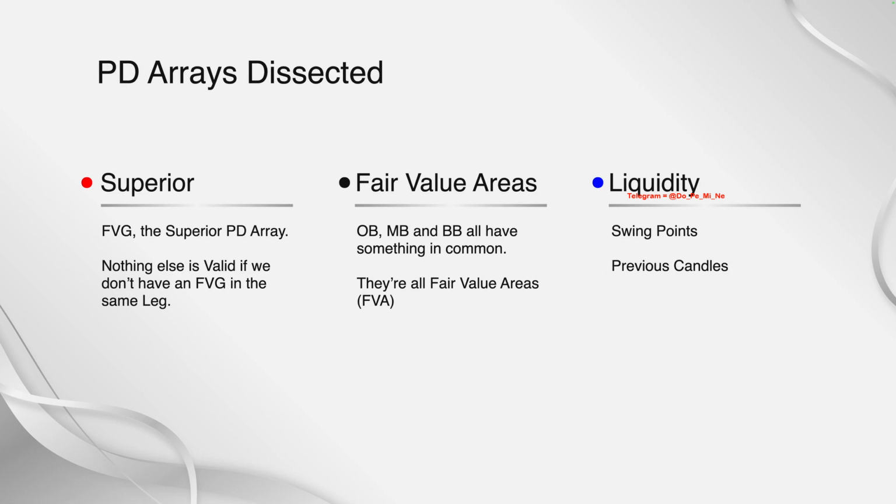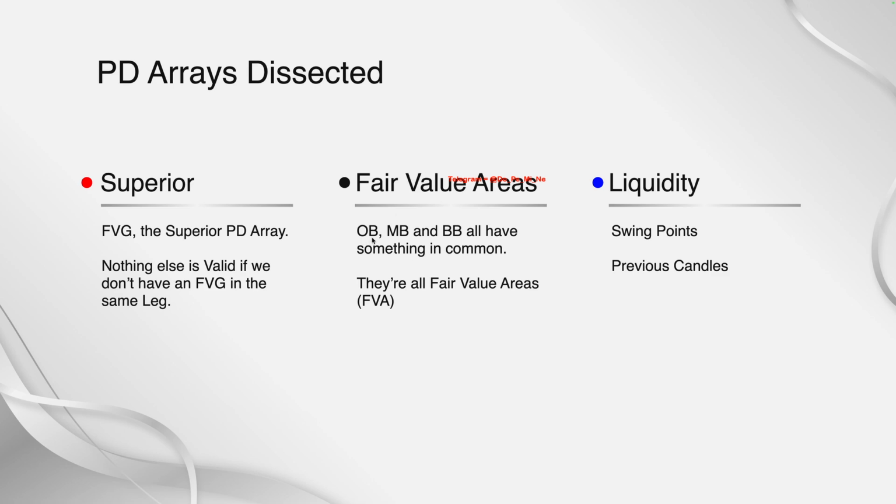The first thing we need to understand is the red one, and the red one was the fair value gaps. They are superior. Why are they superior? Because nothing else is valid if we don't have a fair value gap in the same leg. So let's say we have an order block, or let's say we move on from the fair value gap to the fair value areas.